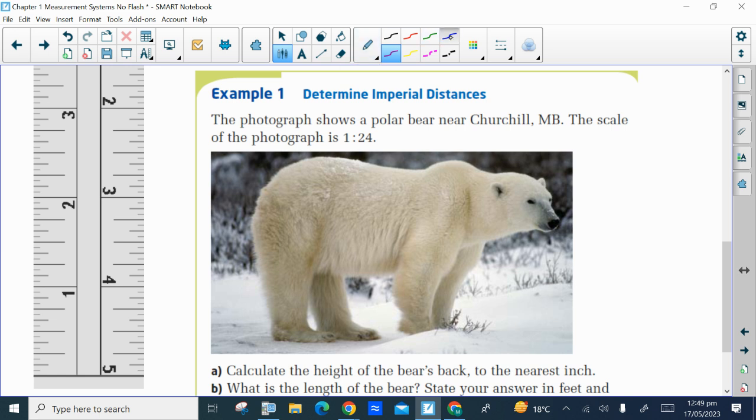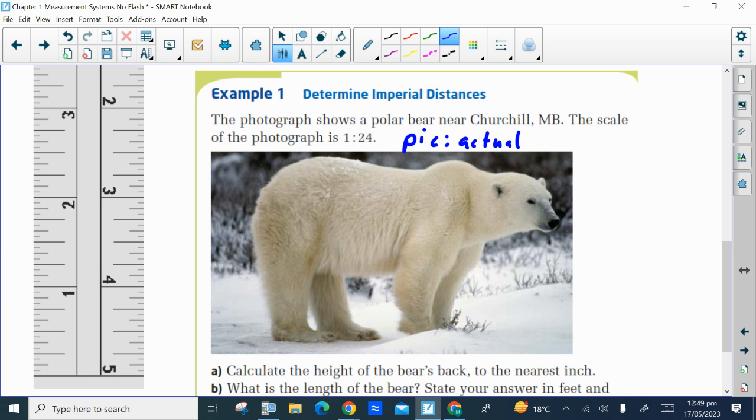So the way you need to read this is that the order is the dimension in the picture followed by the actual dimension. So what this tells us then, because the scale is 1 to 24, it means that the actual dimension is 24 times the dimension on the picture.